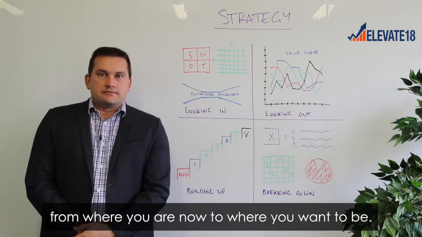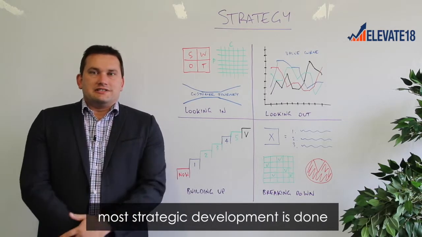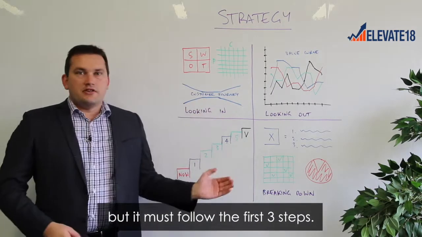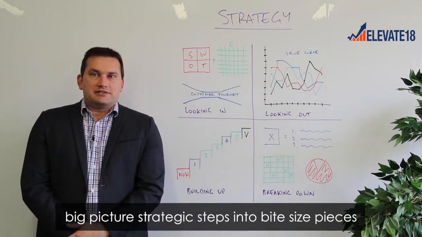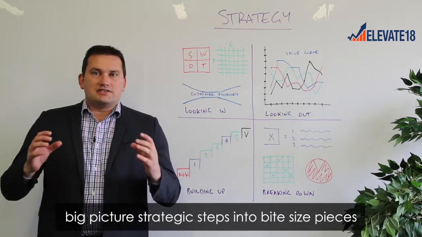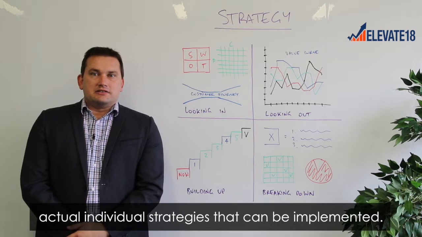And then the final step is typically where most strategic development is done, but it must follow the first 3 steps. The objective here is to break down your big picture strategic steps into bite-sized pieces, actual individual strategies that can be implemented.